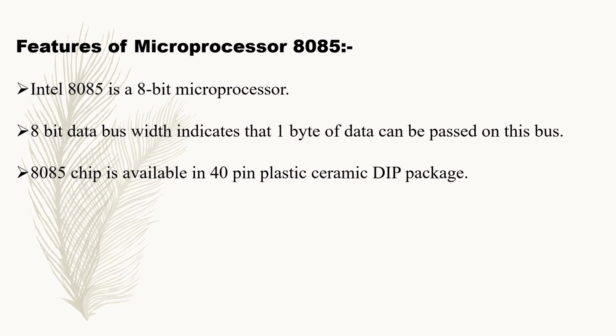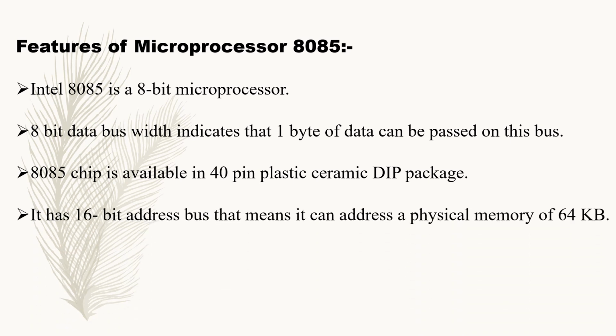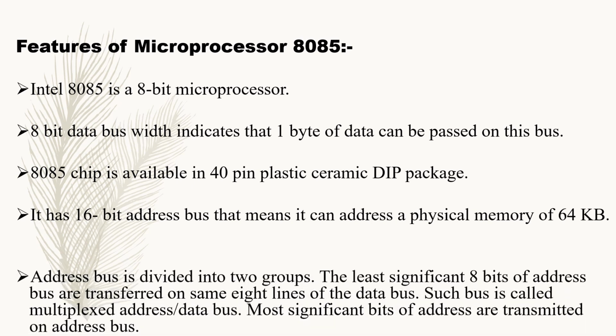We have already learned that in pin configuration, students. It has a 16-bit address bus, which means it can address a physical memory of 64 KB. We have learned that the address bus is 16-bit, so it can access up to 64 KB of memory. Let me revise how we got 64: 2 power 16 is equivalent to 64 KB.